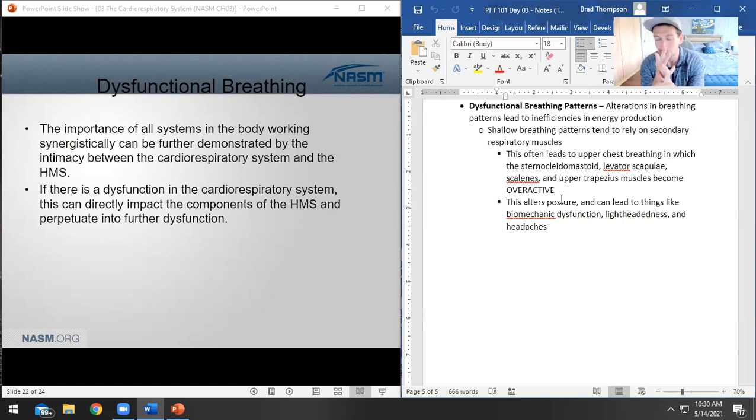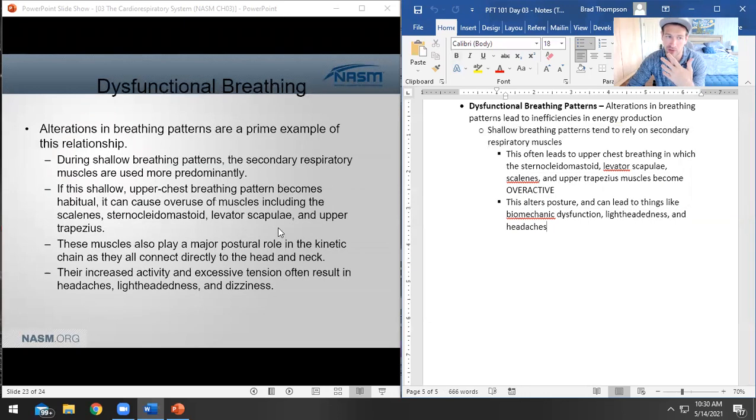It can lead to heart problems. It can lead to cardiorespiratory problems, shortness of breath. It leads to creating more stress hormones, all negative stuff, right? It alters our posture. And alterations in posture lead to physiologic dysfunction, right? Biomechanic dysfunction in terms of how you're supposed to move, lightheadedness, headaches, all of those things.